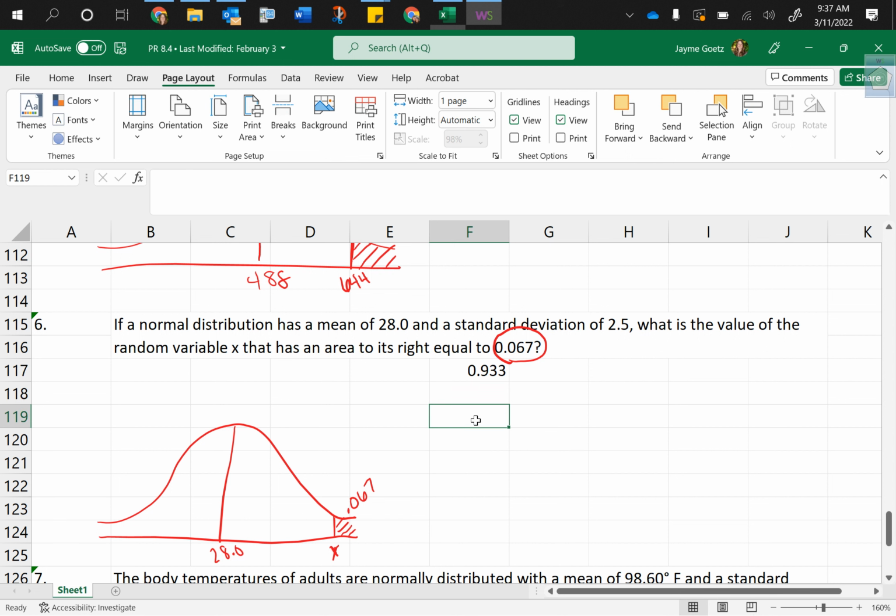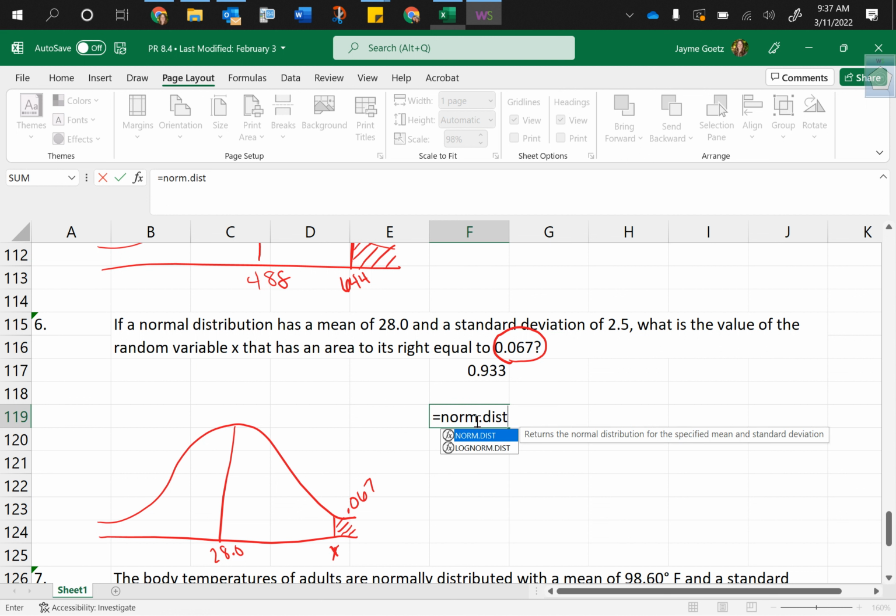Or you could do that right into your formula. You can come over here and go norm.inv. The probability would be 1 minus 0.067. The mean would be 28.0, and the standard deviation is 2.5.